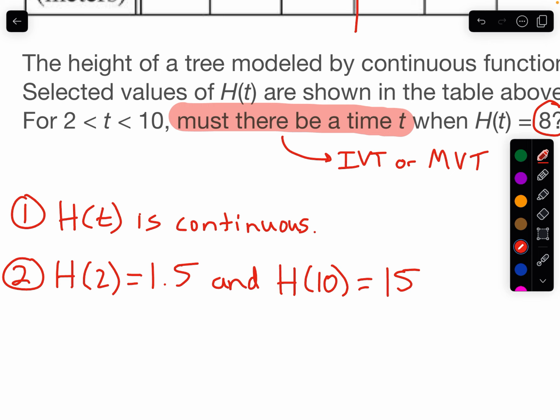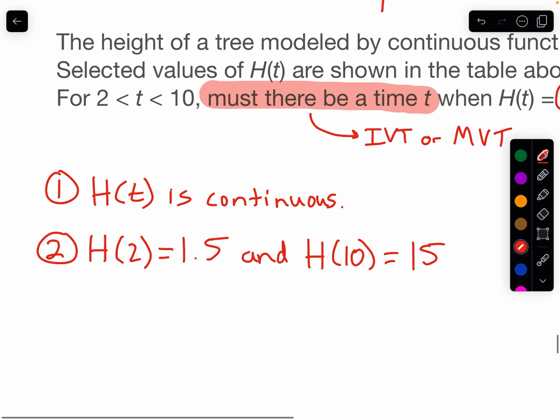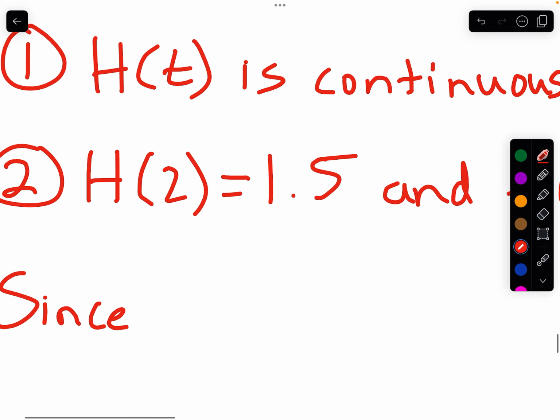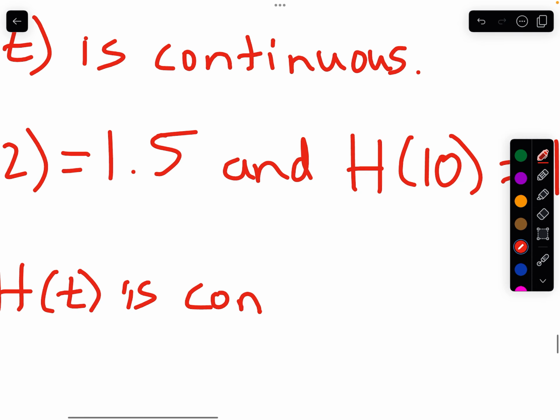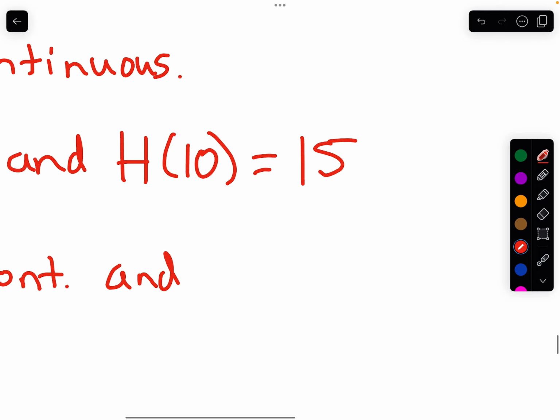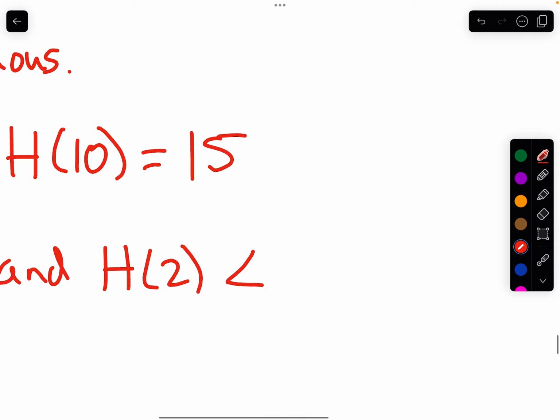But let's summarize this in a nice little concluding statement. Multiple ways you could write this. Here's what I'm going with. I'm going to say, since h of t is continuous, going to abbreviate that just to pick up the pace a little bit, and we also have to show that we know this is important. We found that h of 2 was on one side of 8 and h of 10 was on the other side of 8.